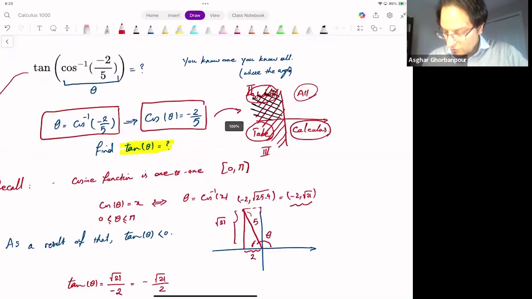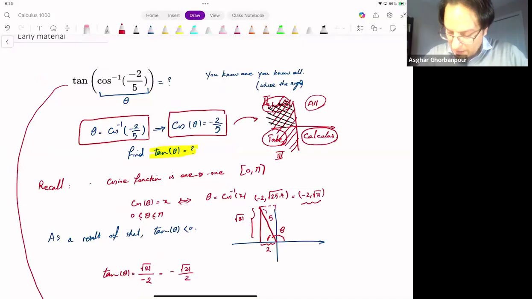Okay, sure. So first thing is that we notice that cosine of theta is negative. Cosine of theta being negative means it is either the second or the third quadrant, yes? But we know something more than that. We know that theta is cosine inverse of -2/5.